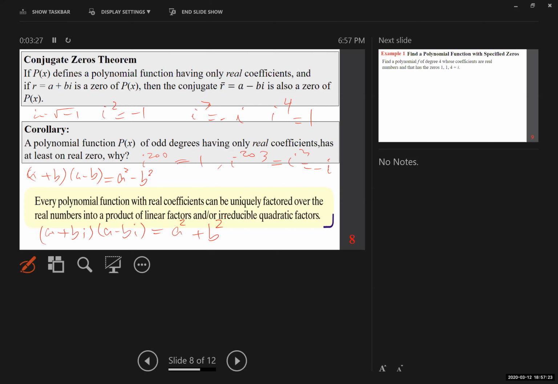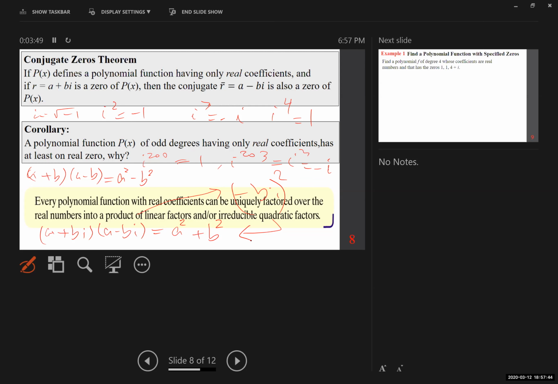Why is it plus b squared? Because when you do minus bi quantity squared, you get minus b squared i squared, which is plus b squared. Sounds good? Everybody's doing okay with that.